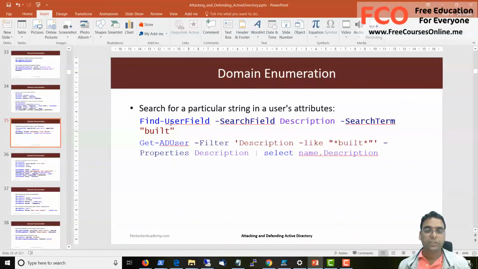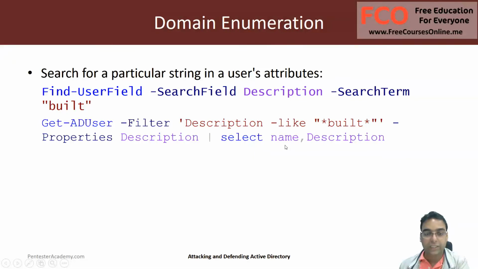So we can use either Find-UserField from PowerView or Get-ADUser to extract description of users. One thing which you may like to notice here in case of the PowerShell module, if you really want to know what goes on in the background, you may like to use the PowerShell module.